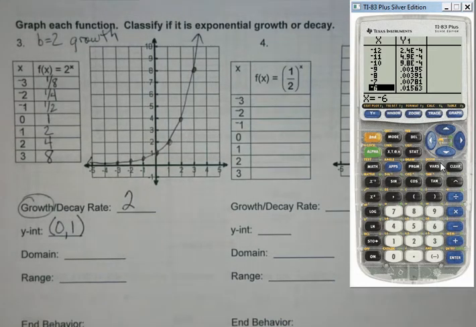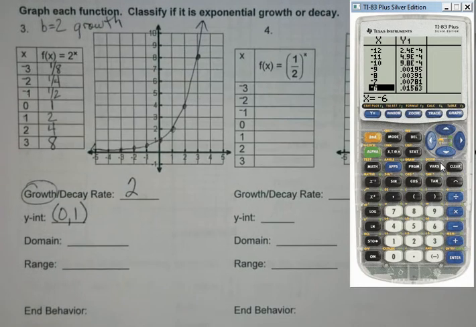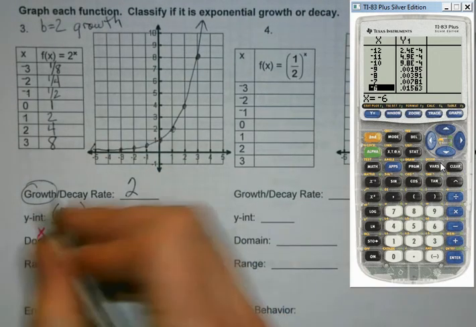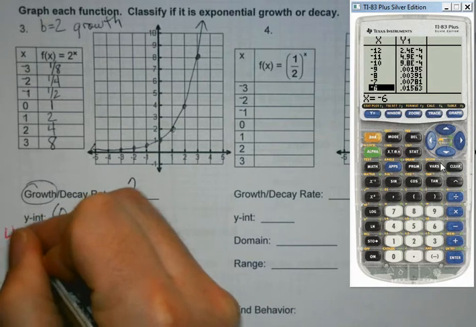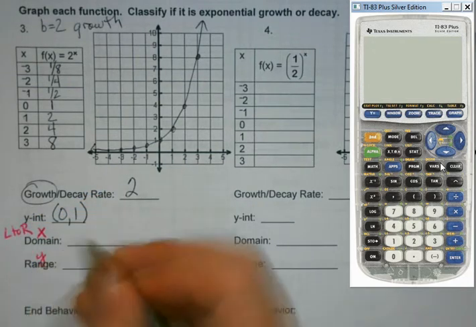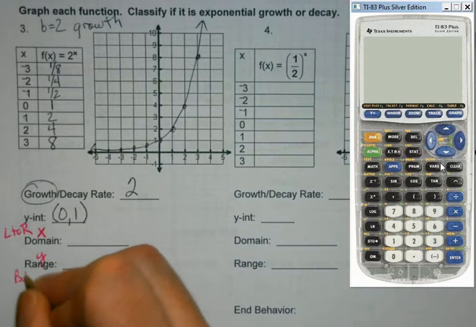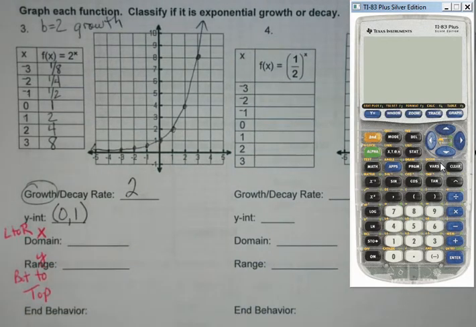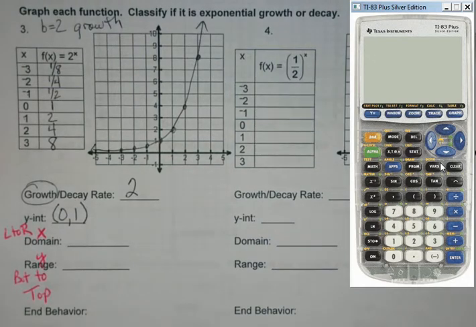And then remember, our domain and range when we're doing these: domain is my x values from left to right, and range is my y values from the bottom of my graph to the top. So when I'm looking at domain, looking at my graph from left to right, where does it start and where does it end?